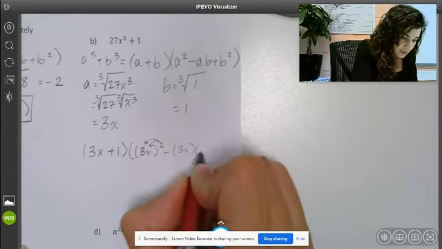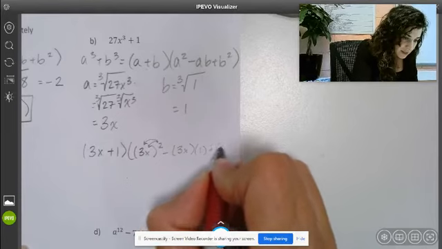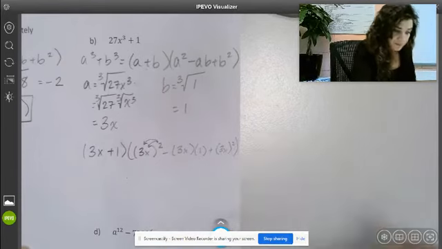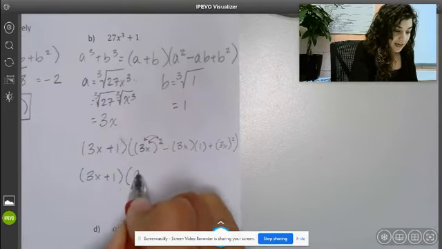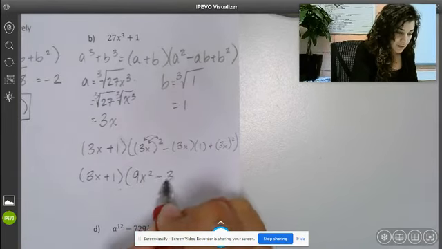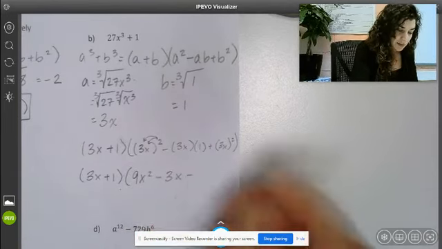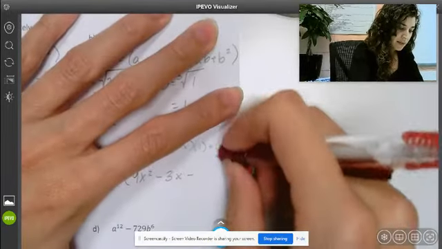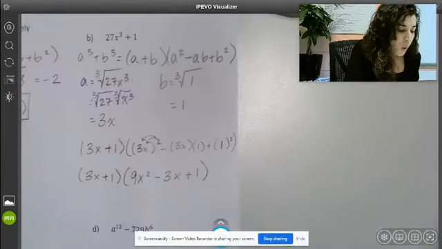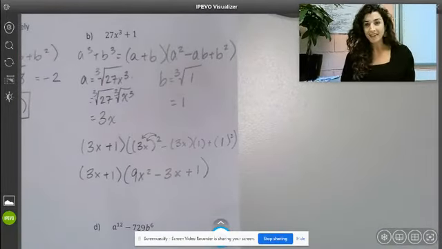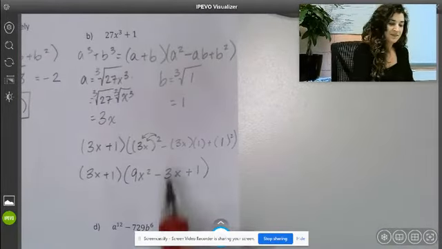Minus, and then we can do 3x times 1, plus 1 squared. Simplifying it down, we get 9x squared minus 3x plus, ooh, not 3x there, that's my bad. That's 1. And that is your final answer.